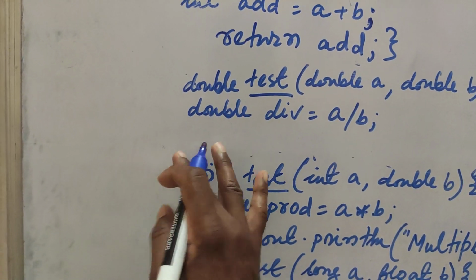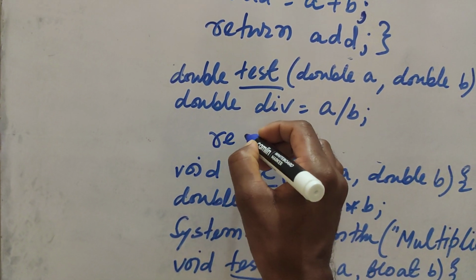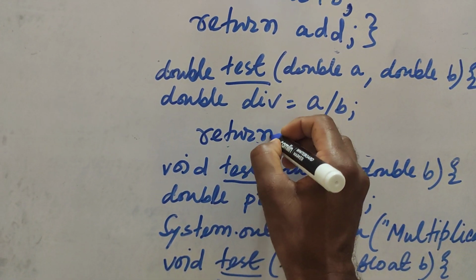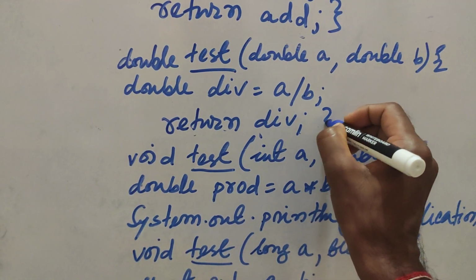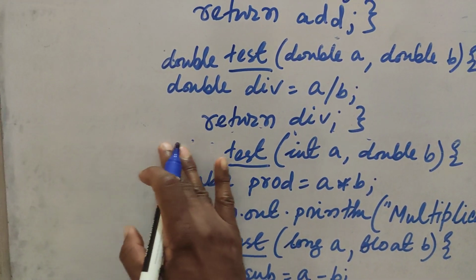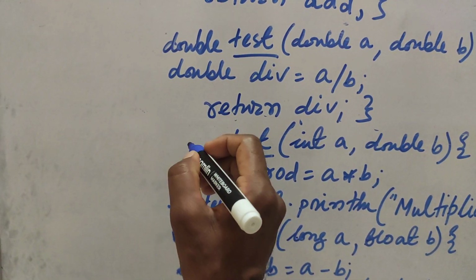Return div, it is taking suppose double.